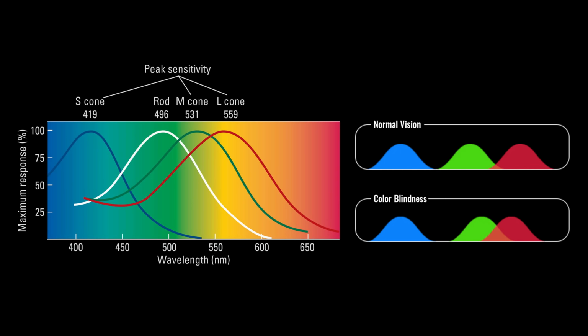So the cones that are attuned towards short wavelengths are the cones that perceive the color blue, whereas those that are attuned towards the medium wavelength perceive the color green, and those that are attuned to the long wavelength perceive the color red.